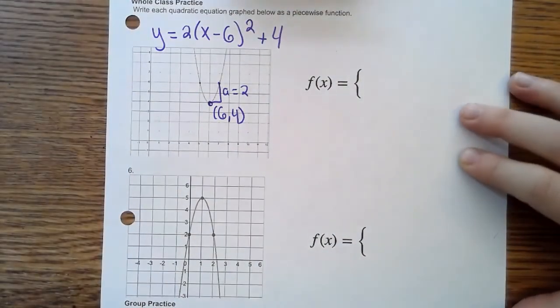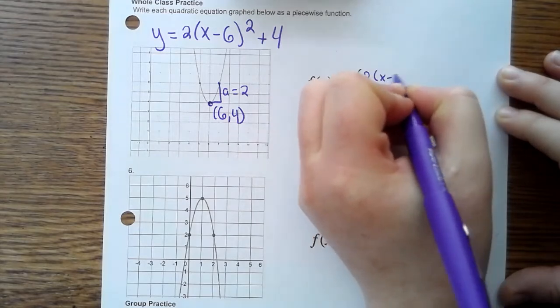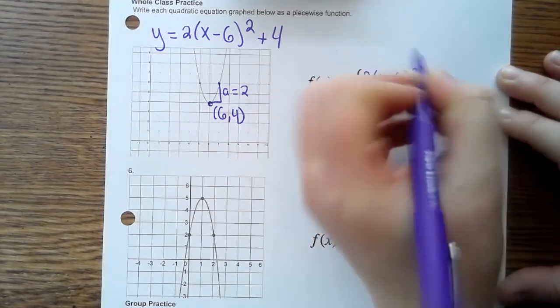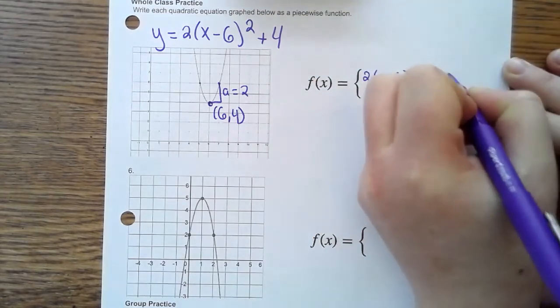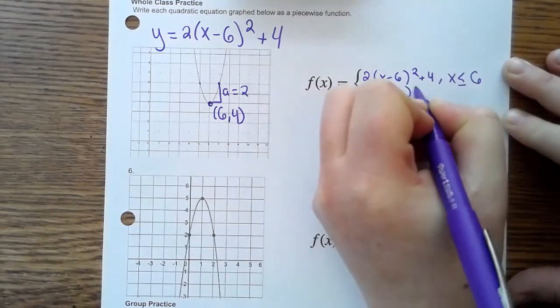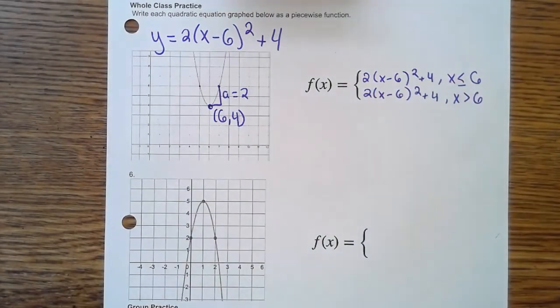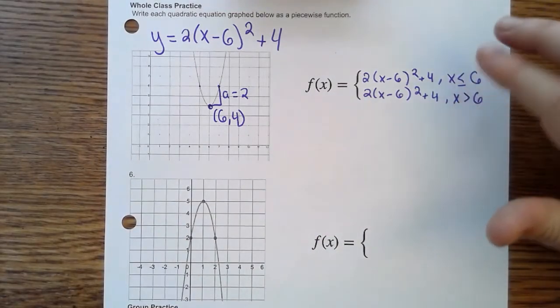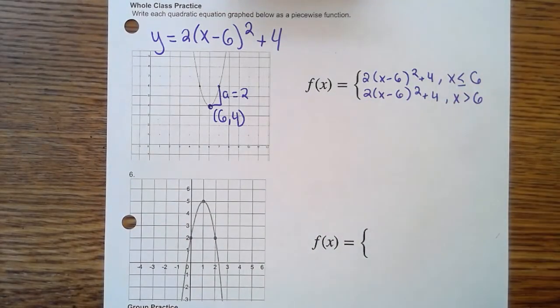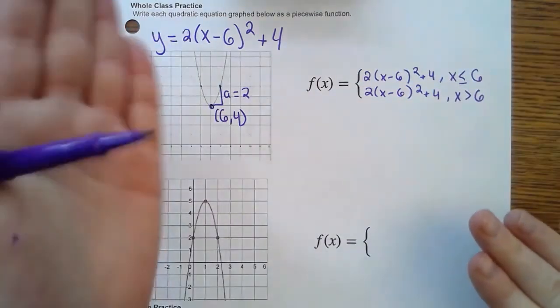When we break it up, it's going to be the same equation, but we're going to have these constraints. x is less than 6, and then we'll do the same thing. x is greater than 6. With absolute value, this part wasn't really important, but now we want to really focus on this. Notice, same equation. I'm just breaking it up onto the left side and the right side.